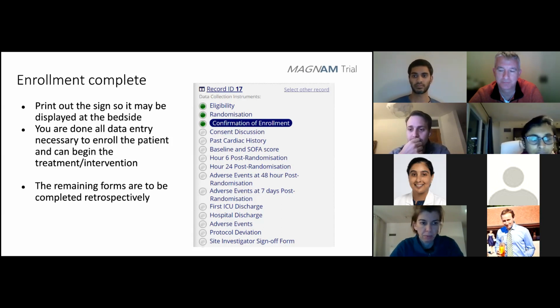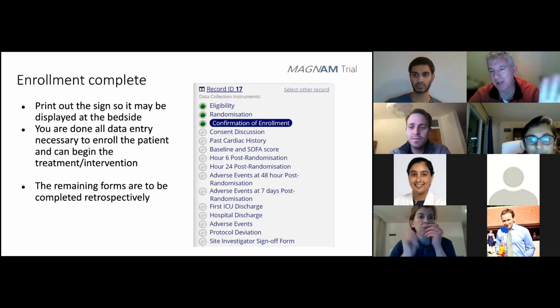Other thoughts? How to decide which patient goes into control arm and which into intervention arm? That was randomized. Yeah, that's the bit that's random. You just see the black box here, what Keith showed you.